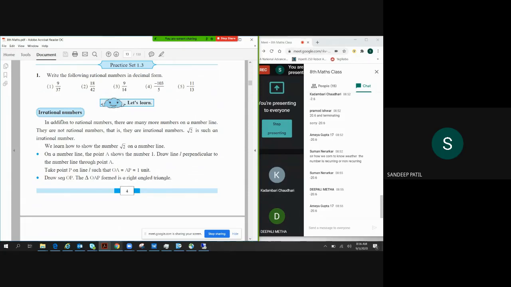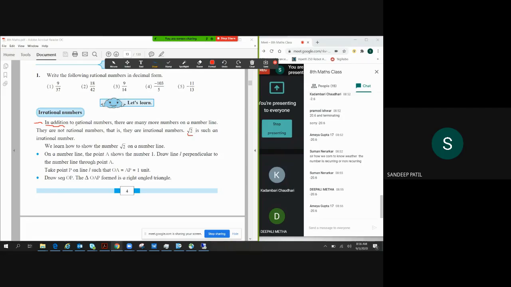I'm just reading this paragraph out loud so that you also note it down. In addition to rational numbers, there are many more numbers on a number line. They are not rational numbers, that is, they are irrational numbers. And root of 2 is such an irrational number. So what does it mean?